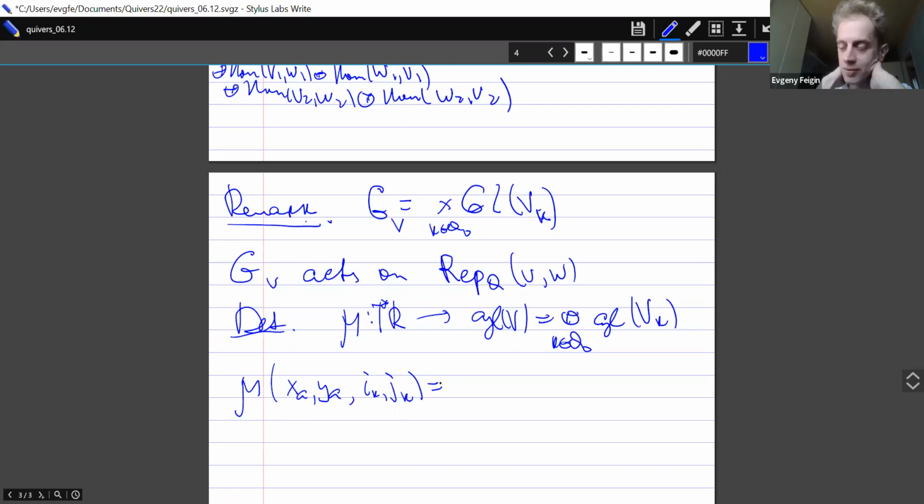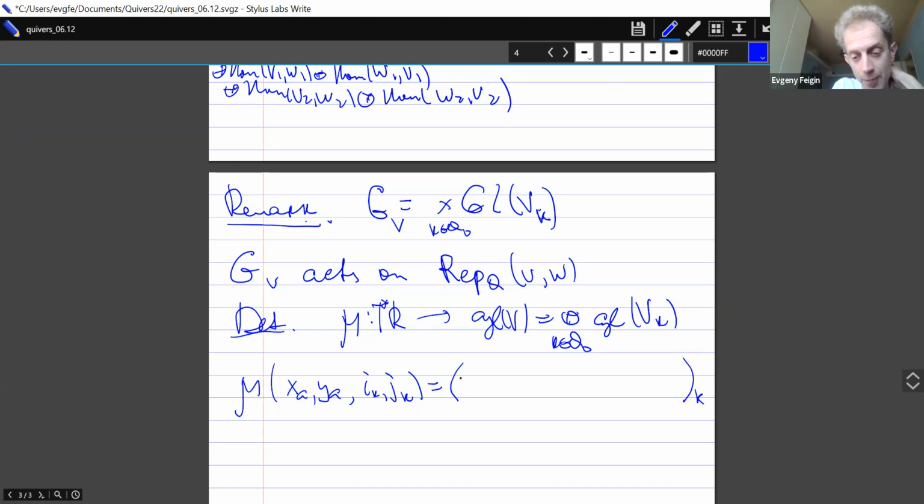So any suggestions? Well, to compose them. That's right. Let's try to compose. So actually we have to arrive at a collection of maps from VK to VK, labeled by a vertex. For each vertex we have to define a map.